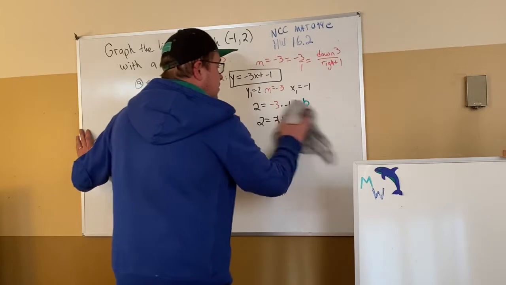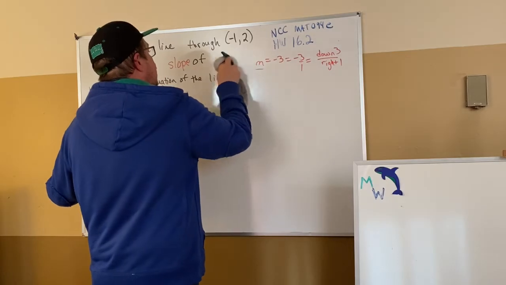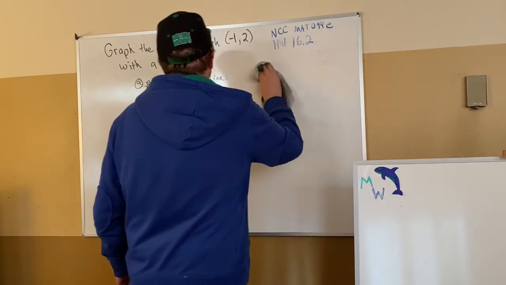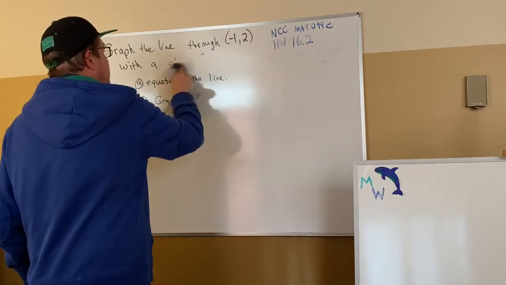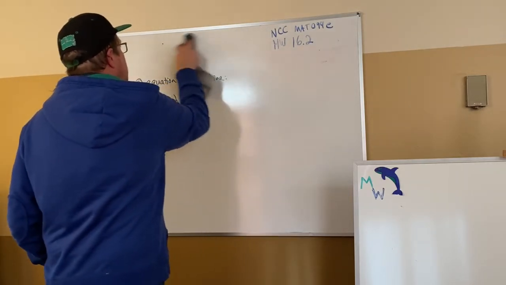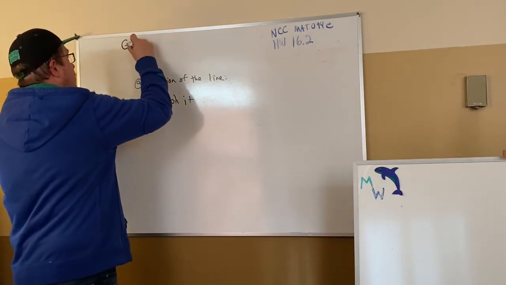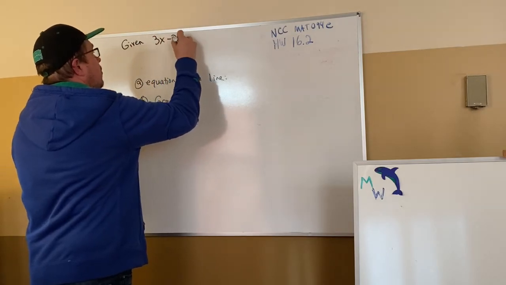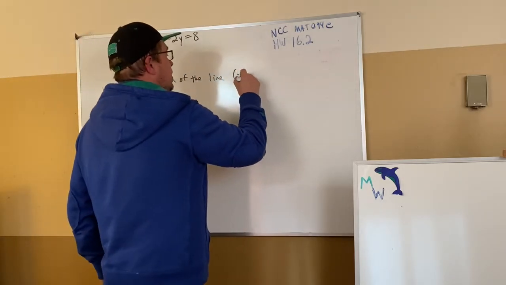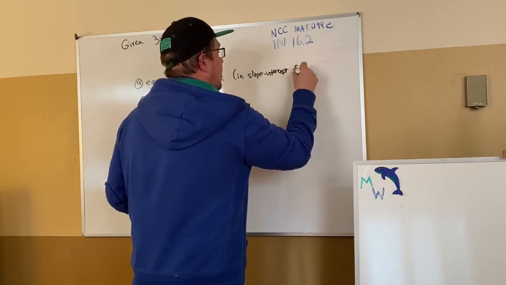So it's the same stuff, kind of. 3x minus 2y equals 8 is what they want me to start with. And they want the equation of a line in slope-intercept form. Okay, I can get you that.